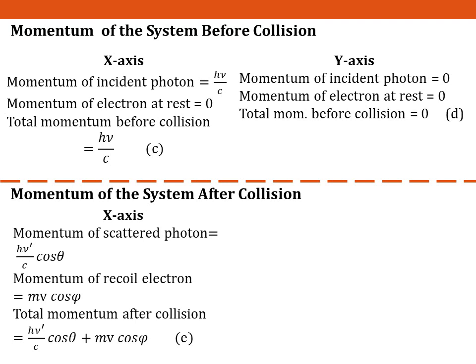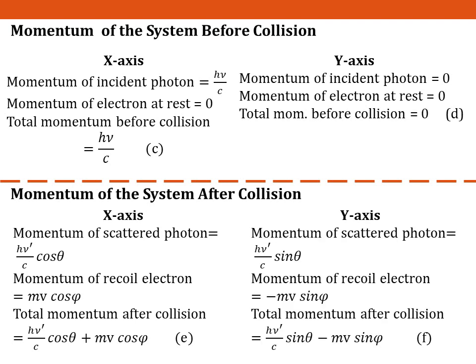Hence, the total momentum after collision along the x direction is h nu prime by c cos theta plus mv cos phi, which we denote by equation E. For the y direction, the momentum of the scattered photon is h nu prime by c sin theta and the momentum of the recoil electron is minus mv sin phi. Therefore, the total momentum after collision along the y direction is h nu prime by c sin theta minus mv sin phi, to which we assign equation F.